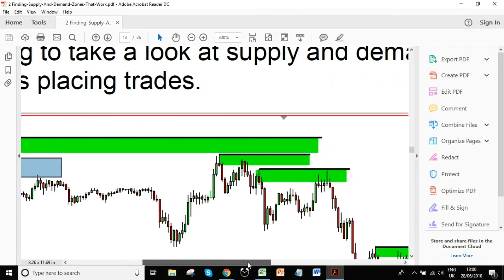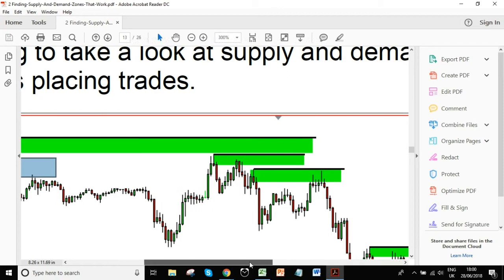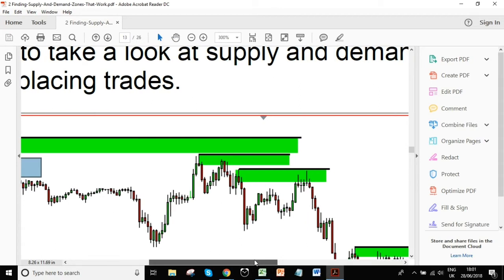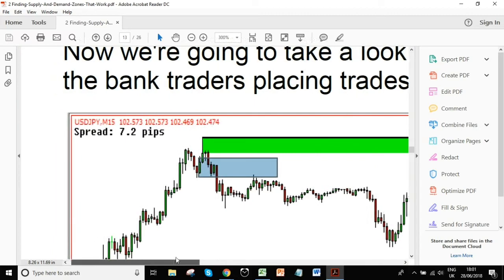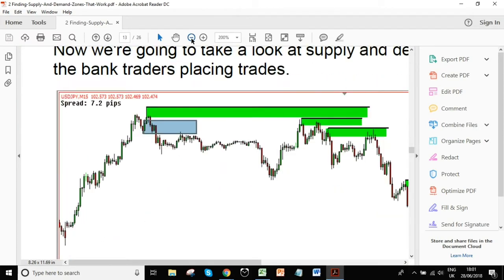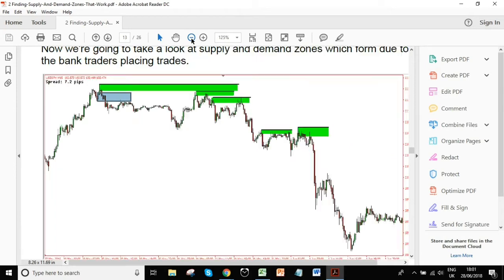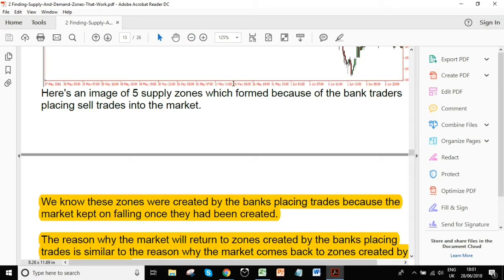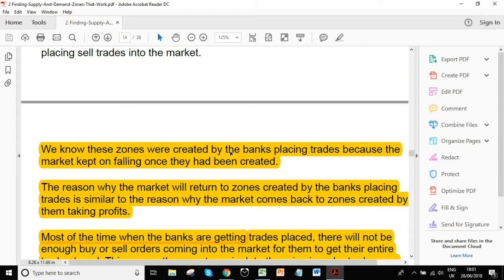Just these swing highs are particular zones if you can identify them at either the high or the low of the curve. I just use engulfing candles because that's what I understand and that's what I consider better for me to identify these zones. So we know these are zones created by the banks placing trades because the market kept on falling once they had been created.